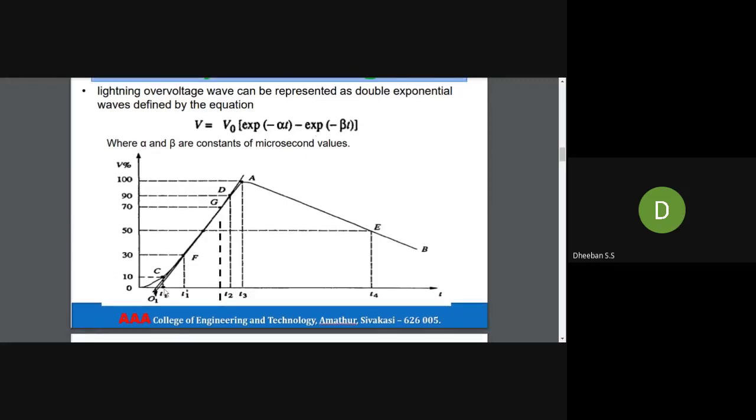Here they have taken the voltage on the y-axis in terms of percentage. At time period t3, the wave reaches its maximum, and after this t3, it decreases gradually, trying to reach a steady state.